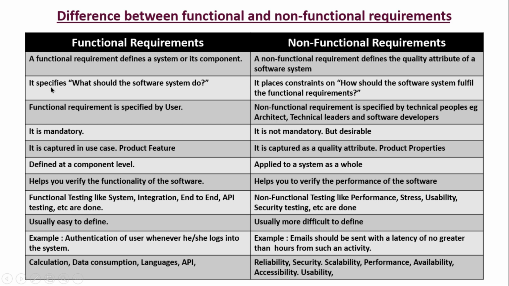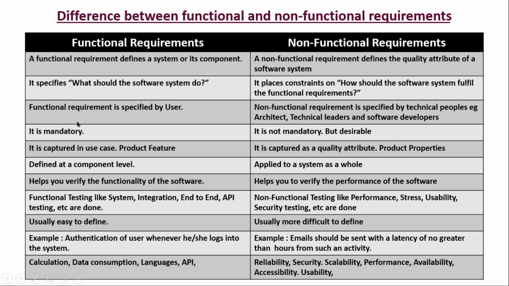So let's take an example again for the ATM. I should be able to see the balance. Okay, so that would be the functional requirement. But when I enter the pin, how fast the system should show the balance on the screen, that would be non-functional requirement.